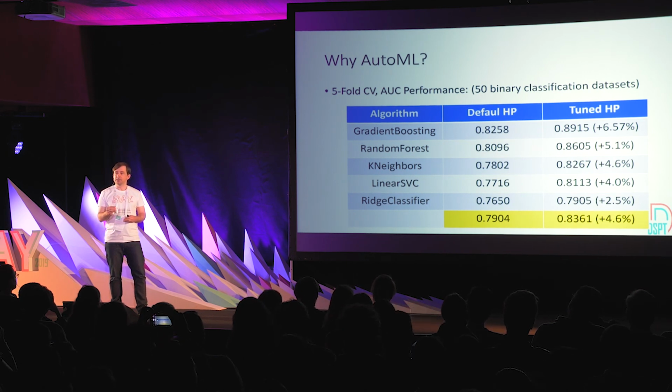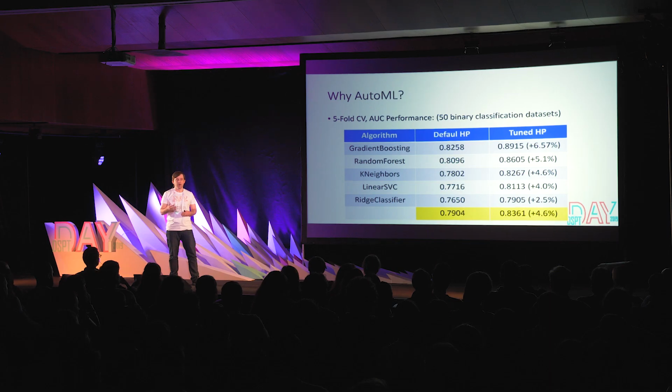Then I tuned the hyperparameters individually for each one of the 50 data sets, and also present the new performance after tuning the hyperparameters. And we can see in the final results that there's a gain of almost 5% in the overall accuracy of the models when we tune the hyperparameters. And this is one of the reasons to use autoML. autoML can tune the hyperparameters automatically for you, right? And usually autoML uses state-of-the-art algorithms to do that kind of hyperparameter tuning.